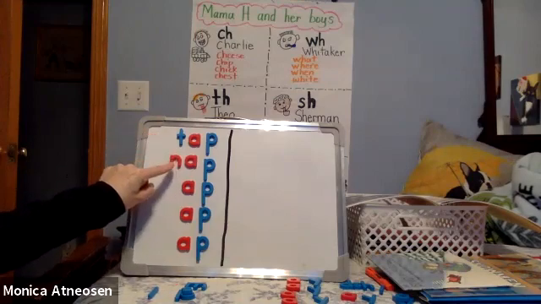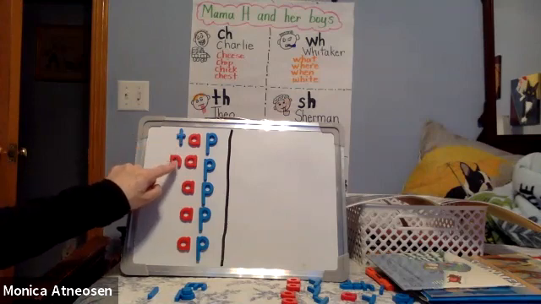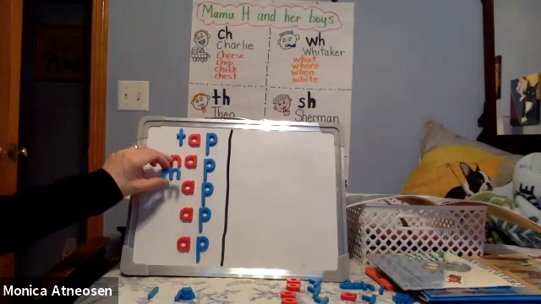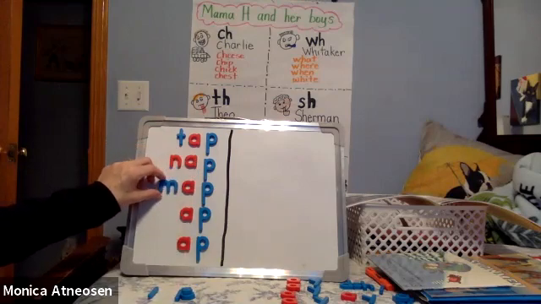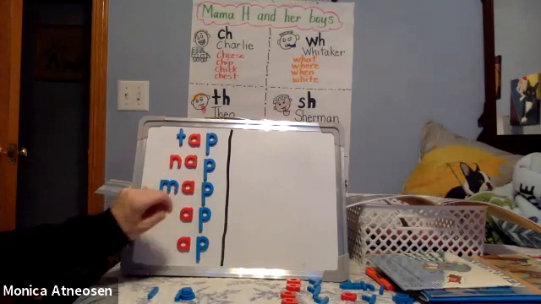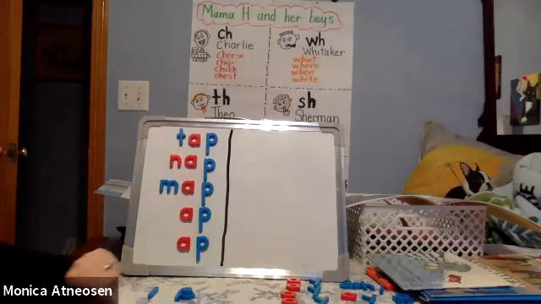If we only change the first sound from a T to an N, we get app, nap. Now, if we only change the first sound from an N to an M, we would get app, map. And so far, these are all looking the same at the end.